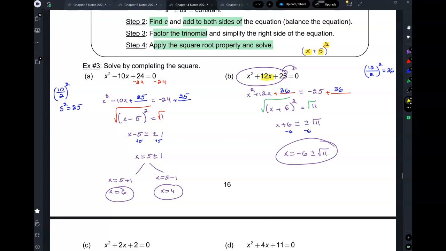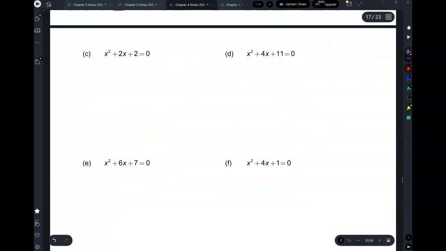Okay? All right. So this one, move the 2 to the other side. So x squared plus 2x plus a number equals how much? Negative 2 plus a number. Ella, you with me? Sit up. Okay. So what number goes there? 2 over 2 squared.